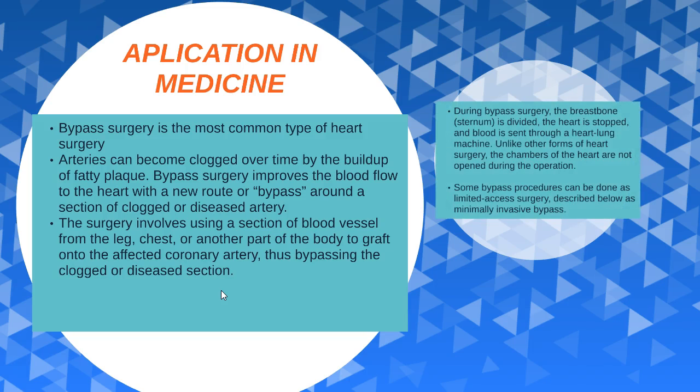During bypass surgery, the breastbone (sternum) is divided, the heart is stopped, and blood is sent through a heart-lung machine. Unlike other forms of heart surgery, the chambers of the heart are not opened during the operation. Some bypass procedures can be done as limited access surgery, described below as minimally invasive bypass.